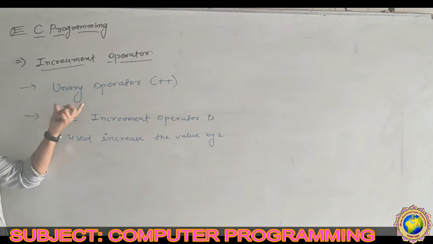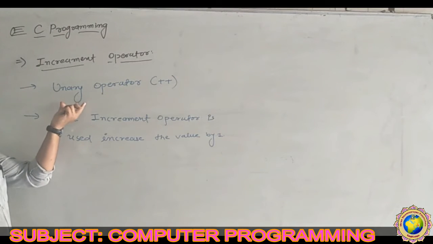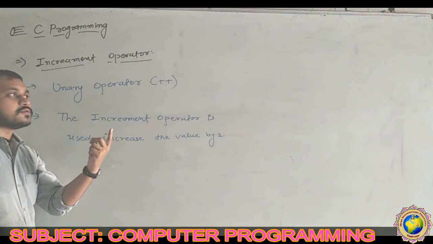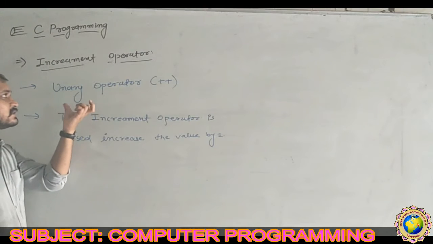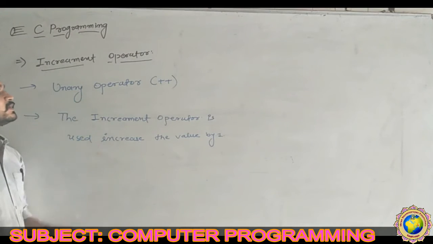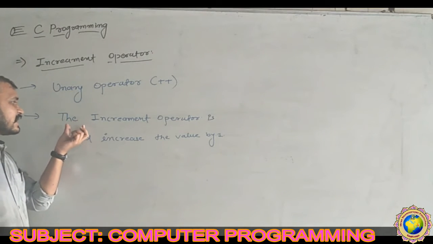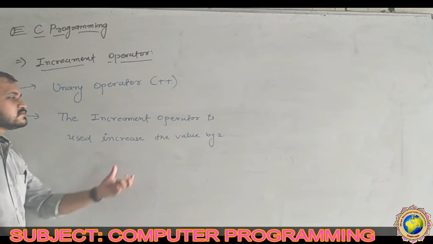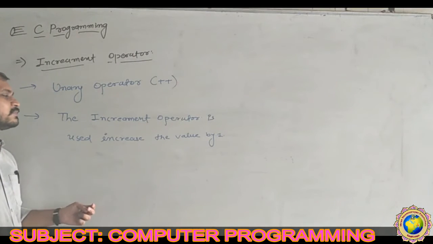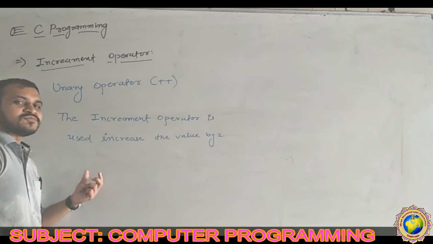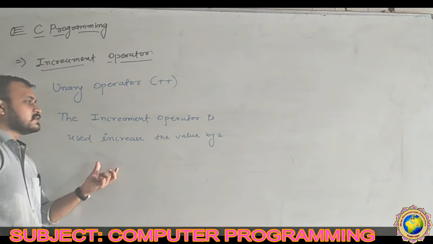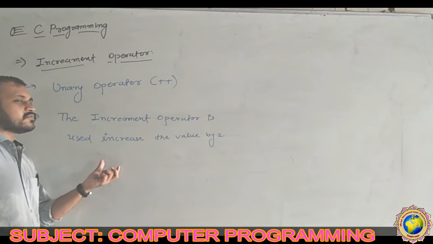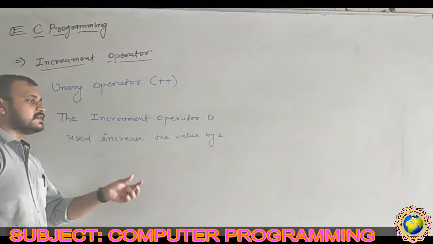Okay, so it means this operator is used with a single variable. The second thing is that the increment operator is used to increase the value by 1. It means if the value of x is 6, then when you use the increment operator, the value of the variable goes from 6 to 7.